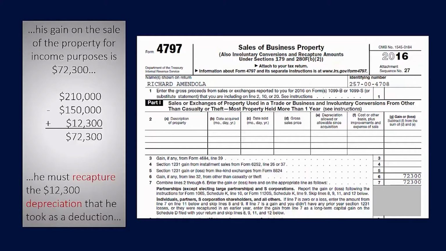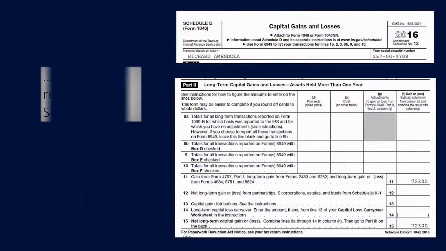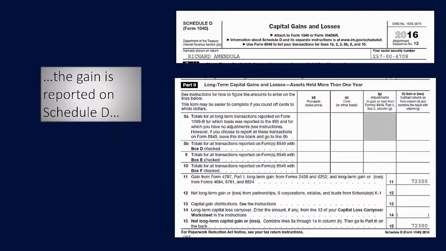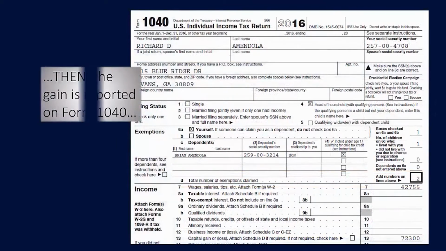So again, he must recapture the $12,300 depreciation that he took earlier as a deduction on the rental property. The gain is then reported on Schedule D, and then the gain is reported on Form 1040, line 13.